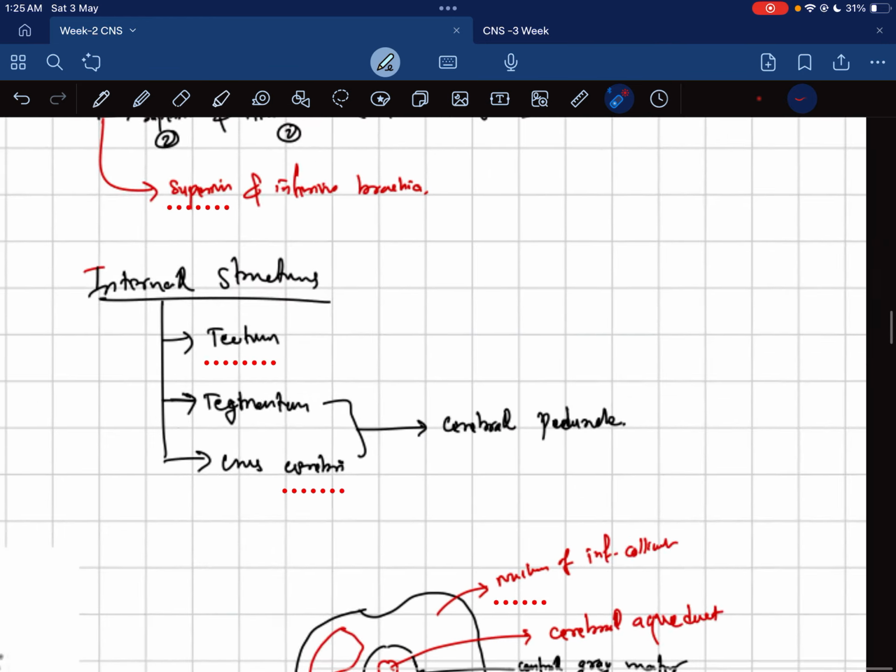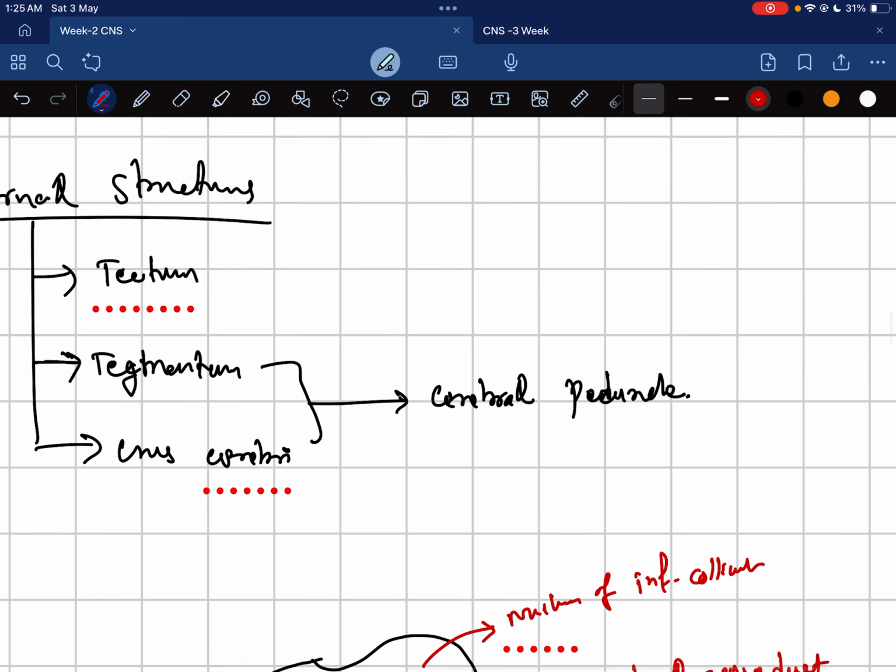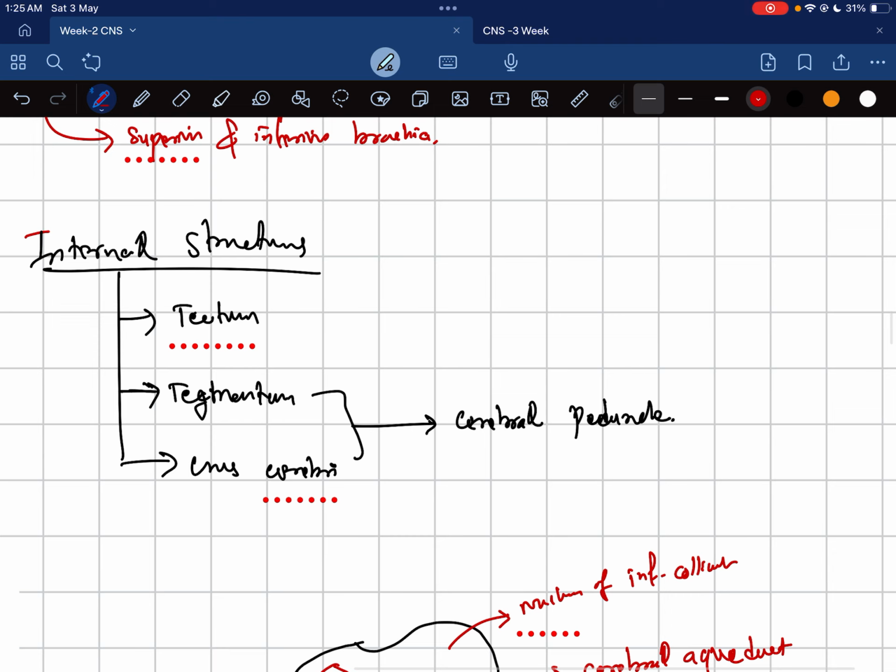Moving on, more discussion of the tectum and internal structure. There are two cerebral peduncles, which we have discussed.